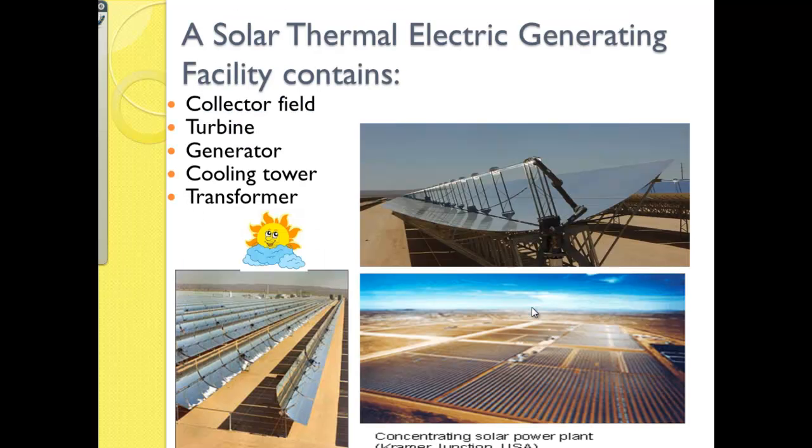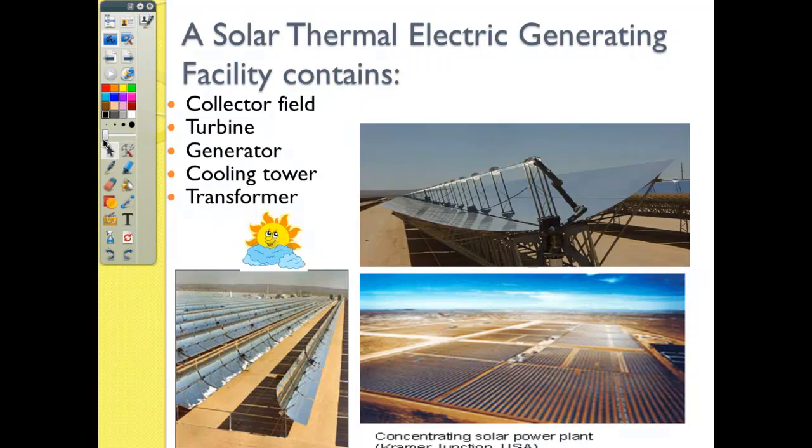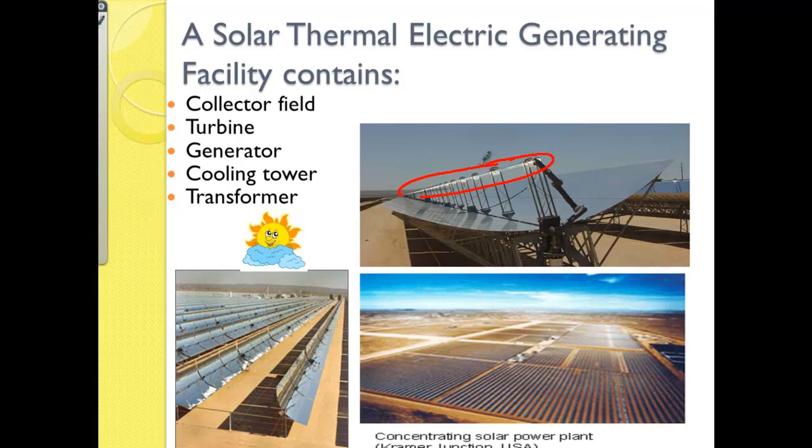All right, so the first type here, as you see, are long rows of tubes, and if you look closely, you will actually be able to see that the tubes along the mirrors have water going through them.